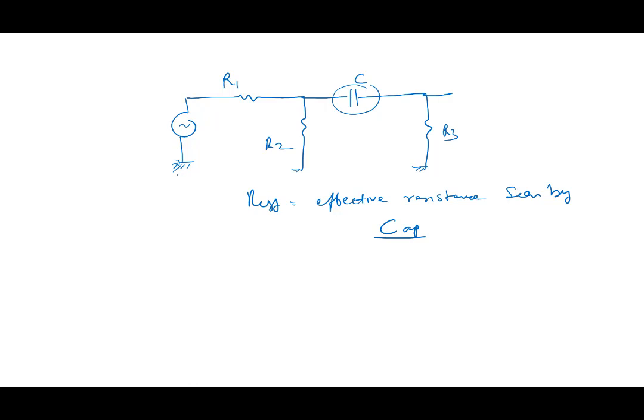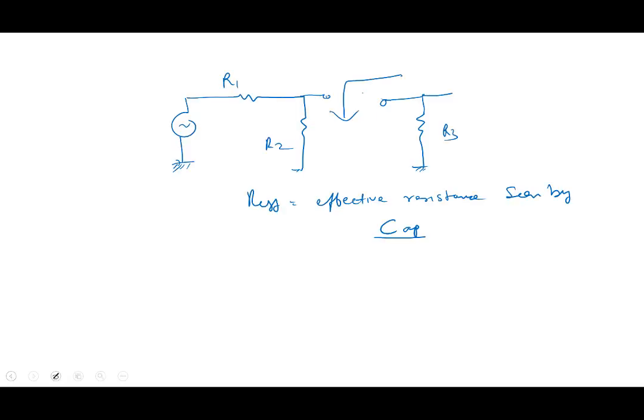If you want to calculate this, remove this C here, and we are asking what is the effective resistance looking from here. When I look between these two, what do I see?